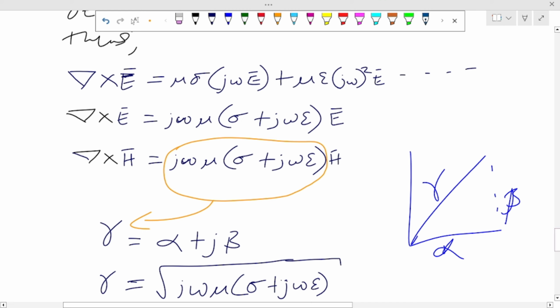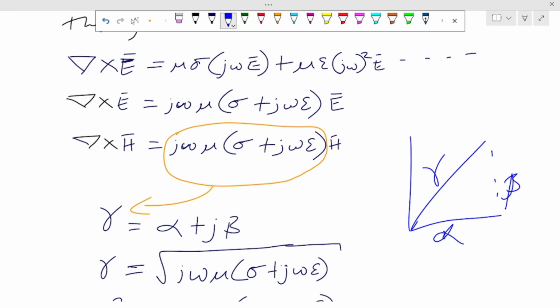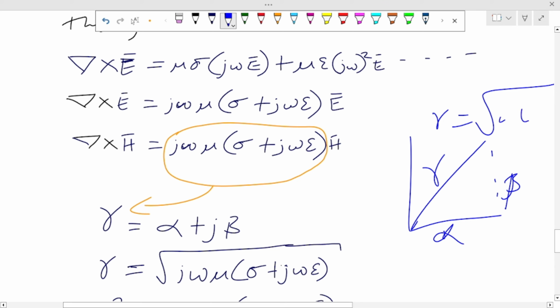Okay, so of course you do that Pythagoras theorem, which will give you this. And this plus this. So this is a complex number. So the magnitude of the complex number will be the square root of this.